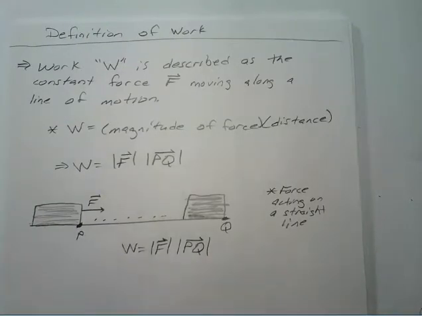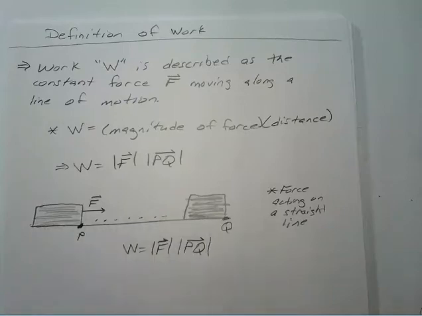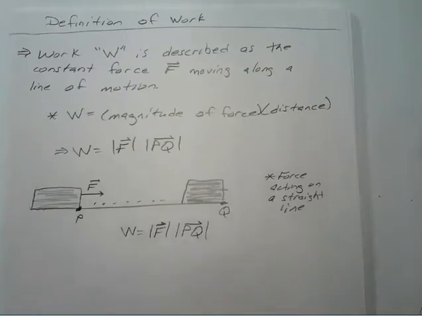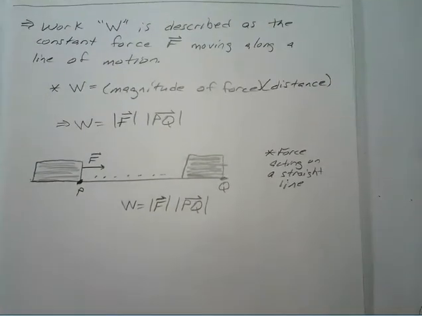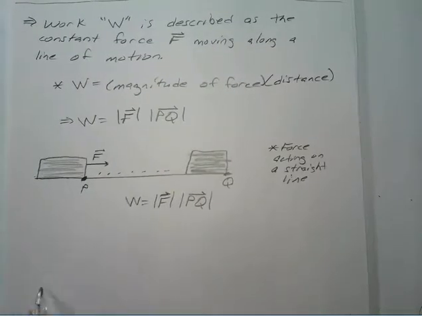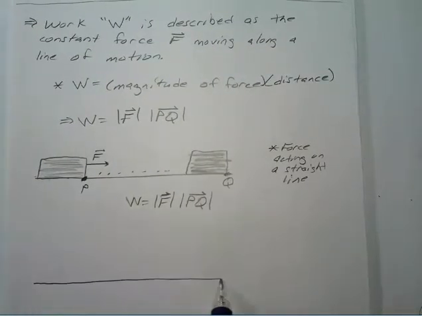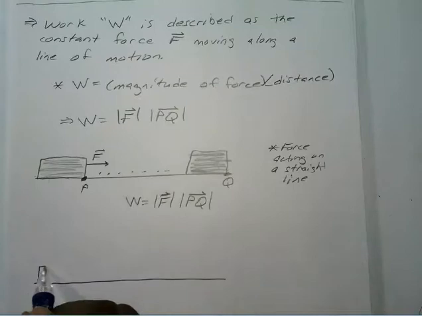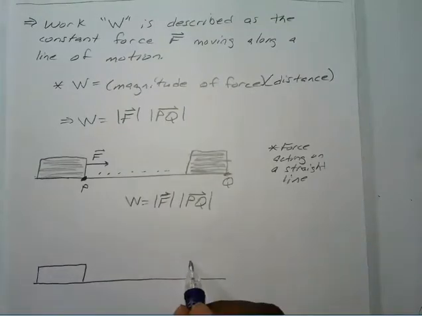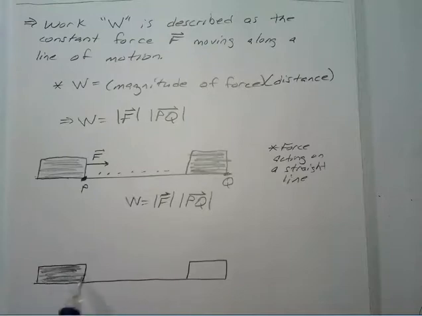But what if you're not moving just along a straight line? What if your force is at an angle? So if we have that same straight line, that same object, and go ahead and shade that in.